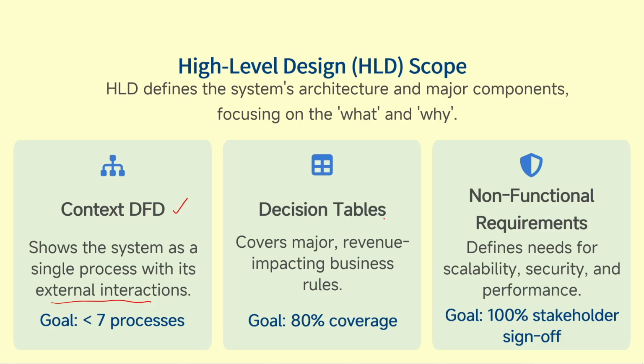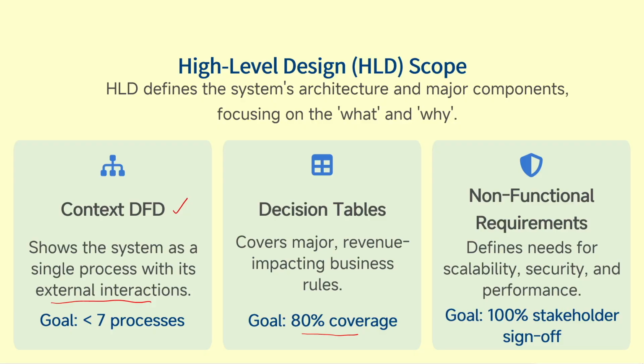Second, we went with your decision tables. This is trying to find what could be the rules, and it is trying to cover the major revenue impacting business rules. It should be like 80% coverage of all these business rules. Non-functional requirements.